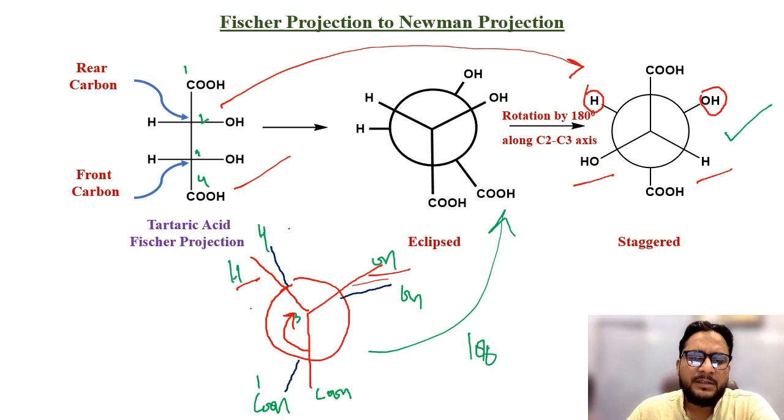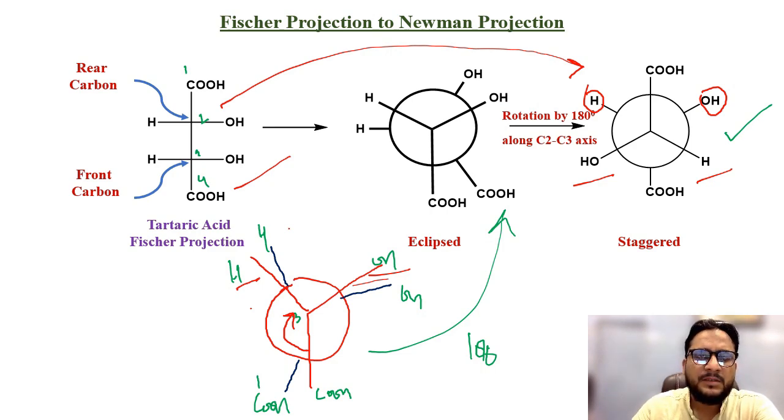So if you are asked about erythro and threo isomers and given the Newman or Sawhorse form, then you must interconvert those back to the Fischer form, and once it is obtained, you can easily identify whether it is the erythro isomer or the threo isomer.